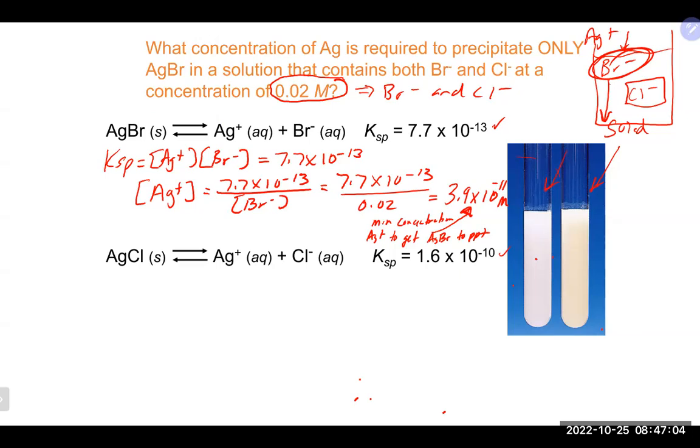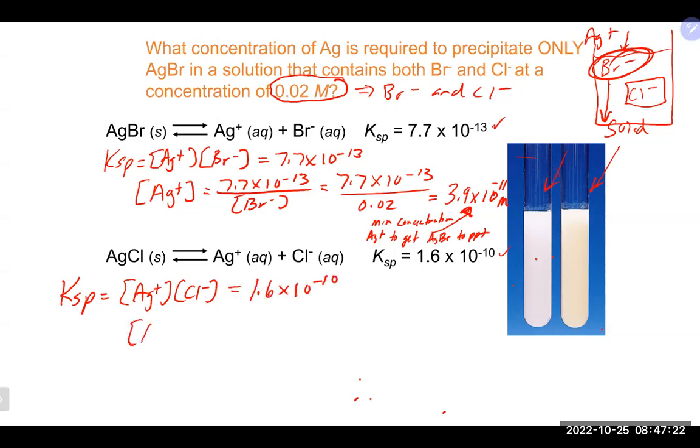How can we know that it is silver bromide? We could do the same calculation for silver chloride. So if we do the KSP for our silver chloride, which would be our silver ion times our chloride ion, this will equal 1.6 times 10 to the minus 10.